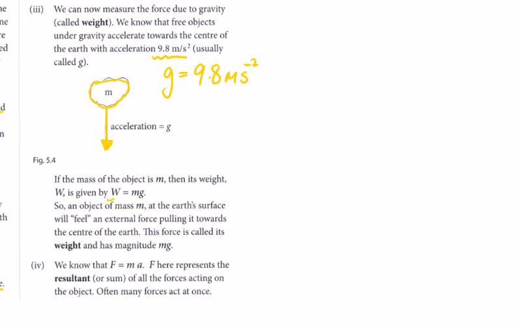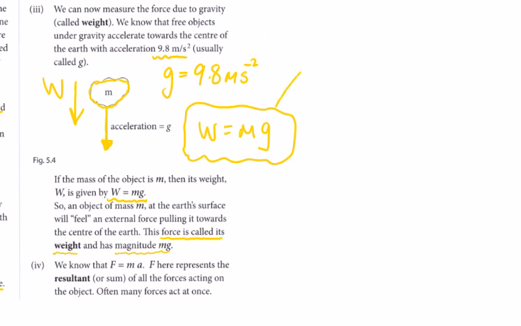So weight, going down in this direction, is equal to mass times this acceleration of g. So we can say that this weight has magnitude mg. It's the force that's pulling it towards the center of the earth. Weight has this magnitude of mg.